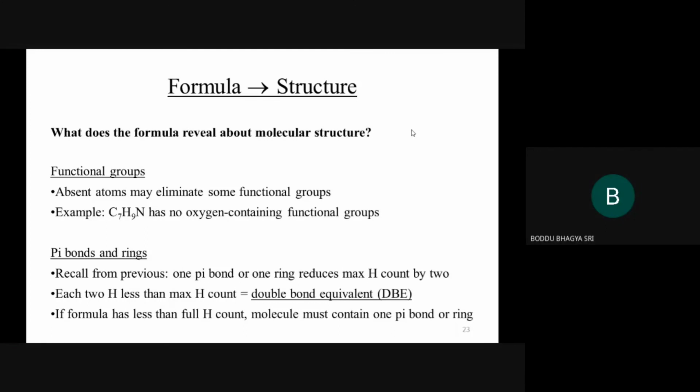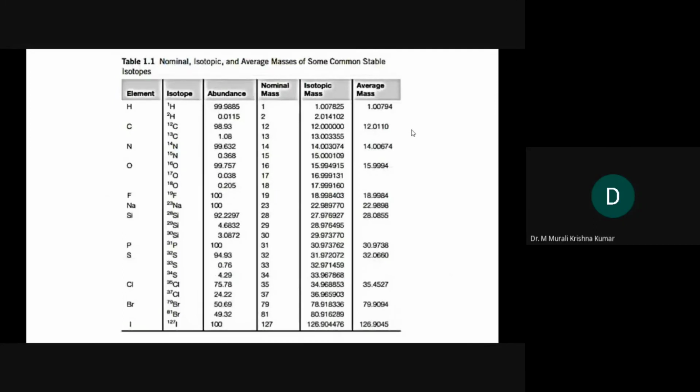The next one, I'll try to take you further into HRMS. We are very fortunate that high resolution mass spectrometry techniques came into being, so that they can provide you data up to 4 digits or even 5 digits sometimes.